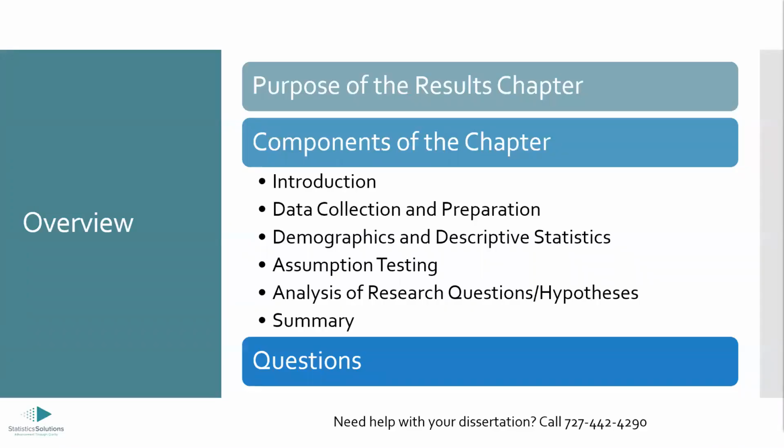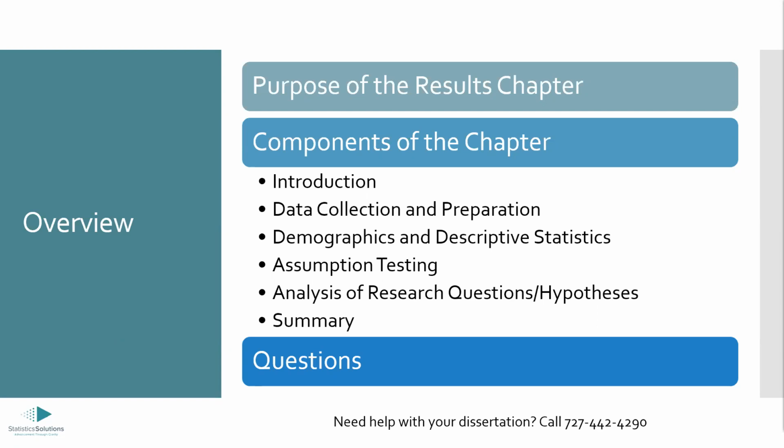And so first, I'm just going to give a brief overview of what we are going to be covering today in terms of the quantitative results chapter. First, we will discuss the purpose of the results chapter, and then we'll get into the different components of the results chapter. We'll talk about the different sections and pieces that are typically included in the results chapter that you should have in your results chapter.